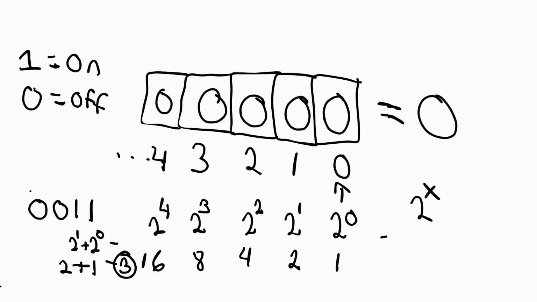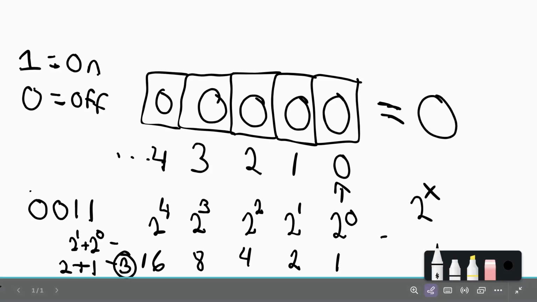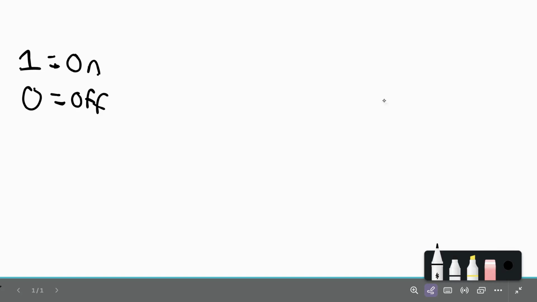So let's try an example, a more complex example. Say we have 1, 1, 1, 0, 1, right?